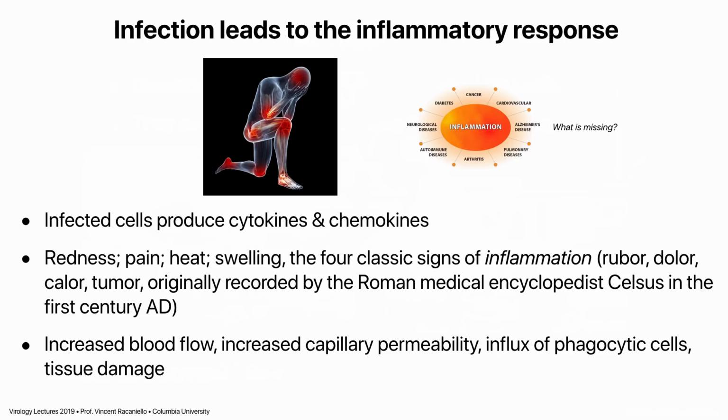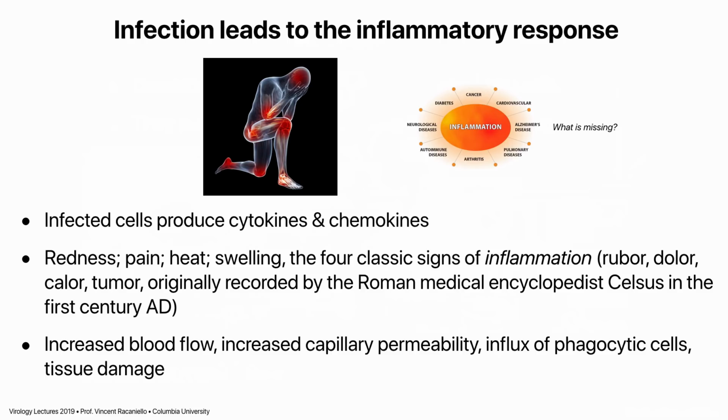So in all these conditions, there's damage that leads to the production of cytokines that cause inflammation, that recruit immune cells to the area. Of course, what's missing here, they don't have infectious diseases. A huge driver of inflammation is not in this one picture that I found.